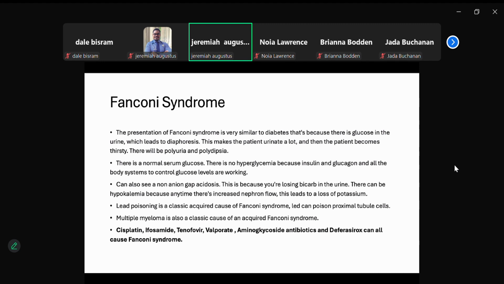You would also see non-anion gap metabolic acidosis. Why would you see a non-anion gap metabolic acidosis? Remember that I just said to you that the proximal tubule is what is used to recycle the bicarb. If the proximal tubule is not working, you cannot reabsorb that bicarb.